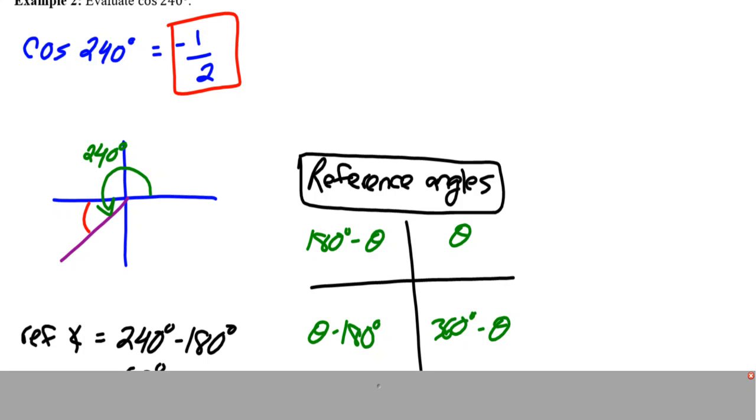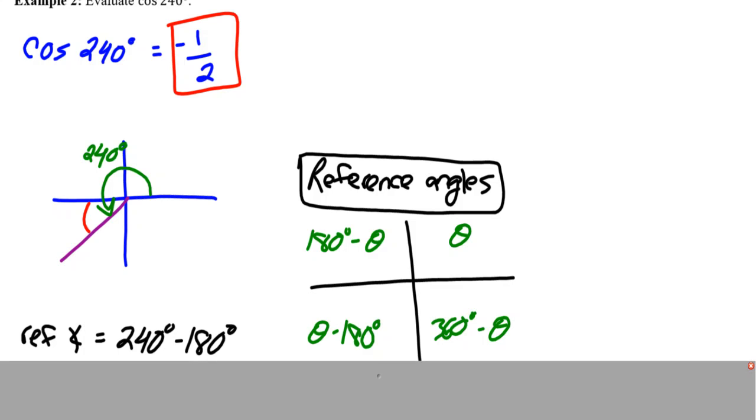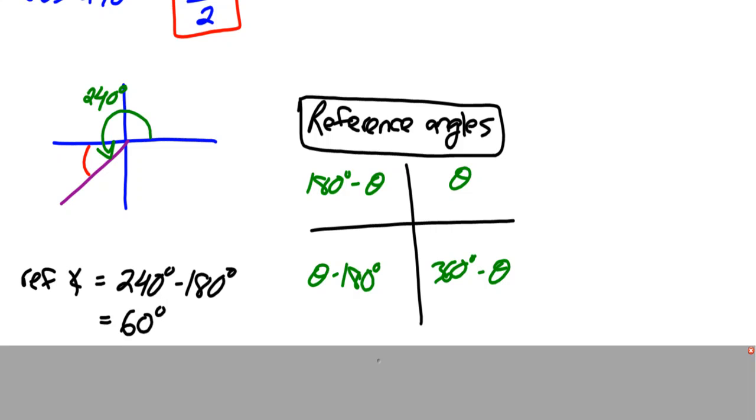All those angles are less than 90. In the second quadrant, you want to do 180 minus your angle. In the third quadrant, that's where we are for this, you want to do the angle minus 180, and that's what I have here, 240 minus 180. In the fourth quadrant, you do 360 minus angle. Those are the reference angle rules. So we're in the third quadrant, so 240 minus 180. That means that our reference angle is 60.